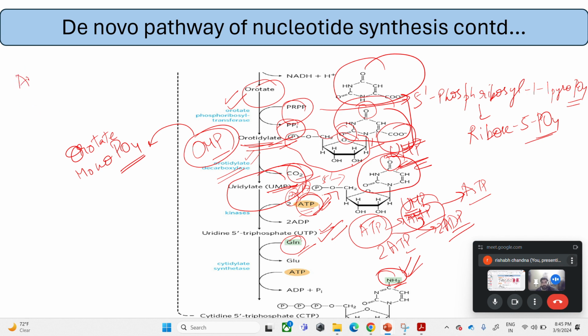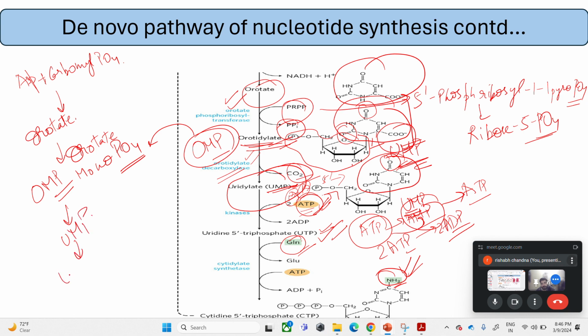Starting, we have aspartate plus carbamoyl phosphate. This indirectly forms orotate, and orotate forms the orotate monophosphate or the orotidylate, which forms UMP.